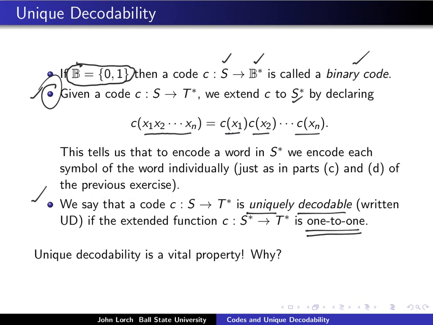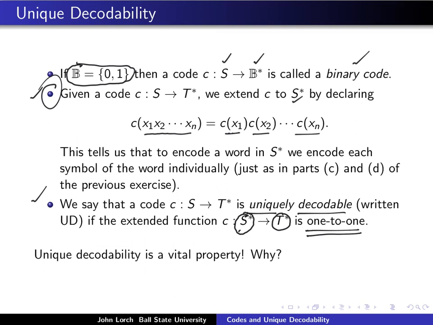Okay, unique decodability is a really important property because what it says is that if I start with some string over here in T star, and I know that it came from something in S star, then it can only have come from one thing in S star. That is, if I'm given a string in T star that comes from a coded message, I am able to reconstruct with certainty what the original message was back in S star.